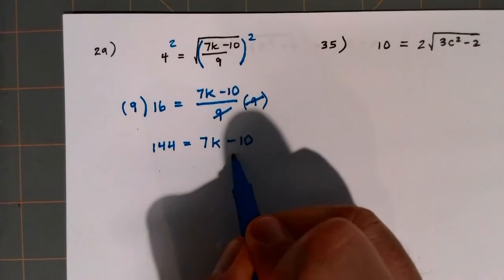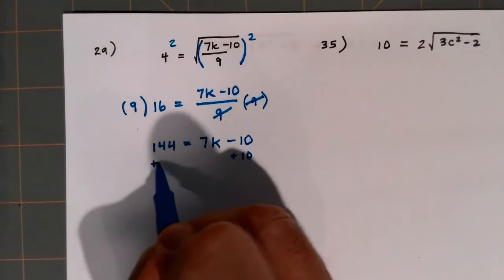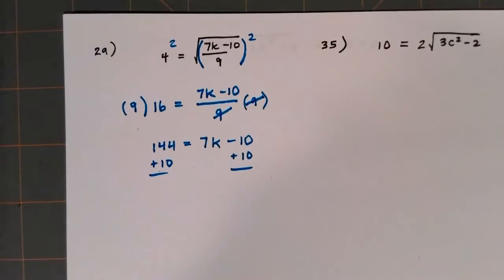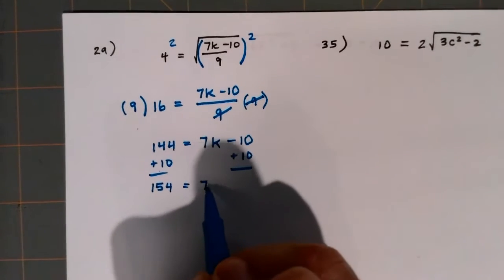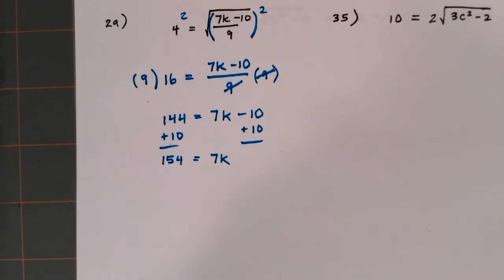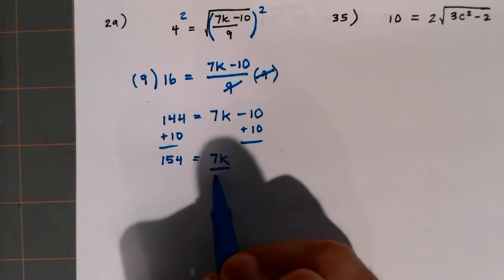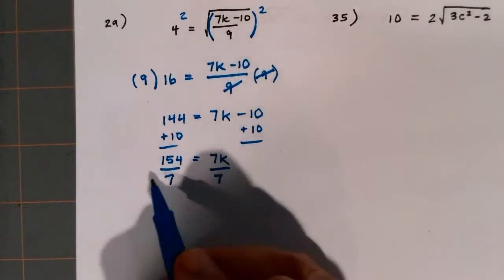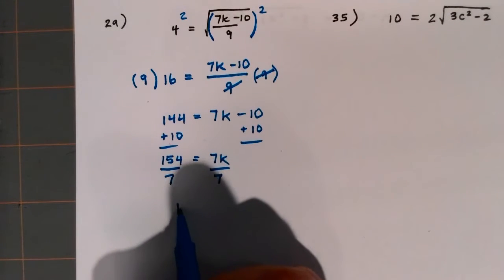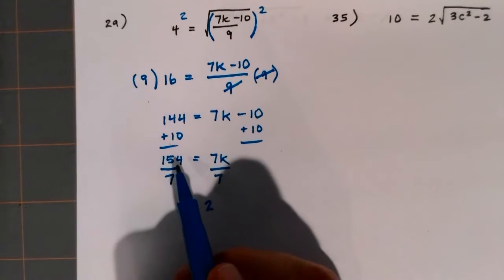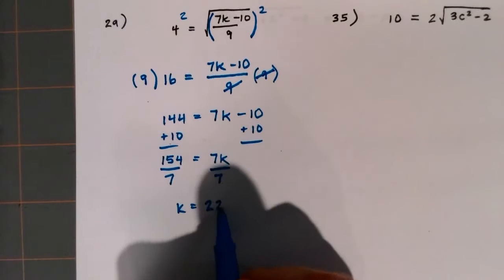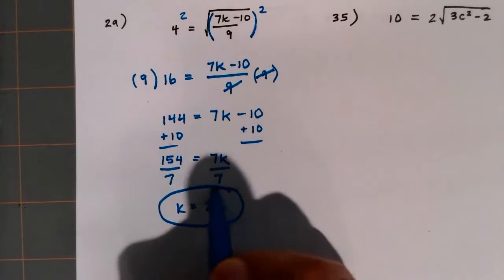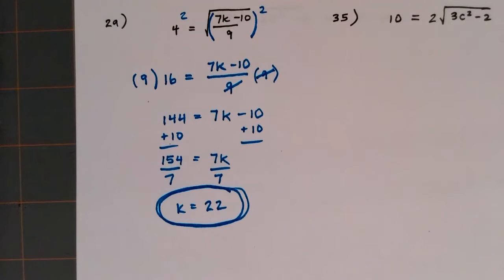So I add 10 to both sides, and I get 154 is equal to 7k. Divide both sides by 7. 7 goes into 14 twice, and 7 goes into 14 twice. So my answer is k equals 22. So again, that's just a nice problem, no crazy fractions and whatnot.